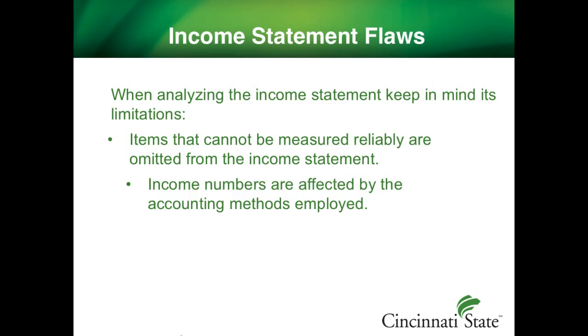For example, a company's results will be different if it adopts FIFO instead of LIFO for inventory valuation. When comparing companies, you should make a note of any differences in major accounting methods and make adjustments for better comparability. Another flaw is that income measurement involves judgment. Some companies tend to be more aggressive than others. This would lead to different results.